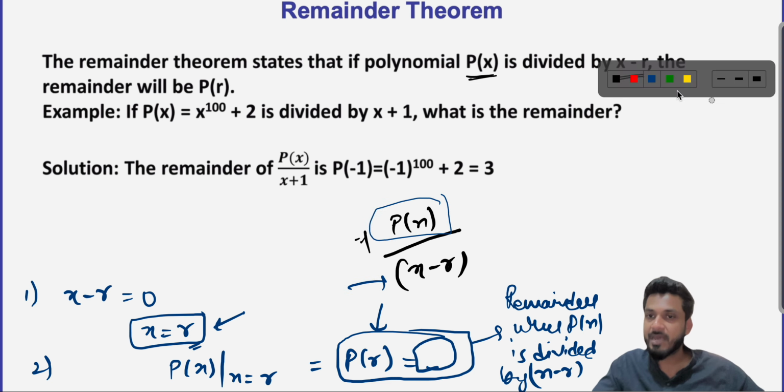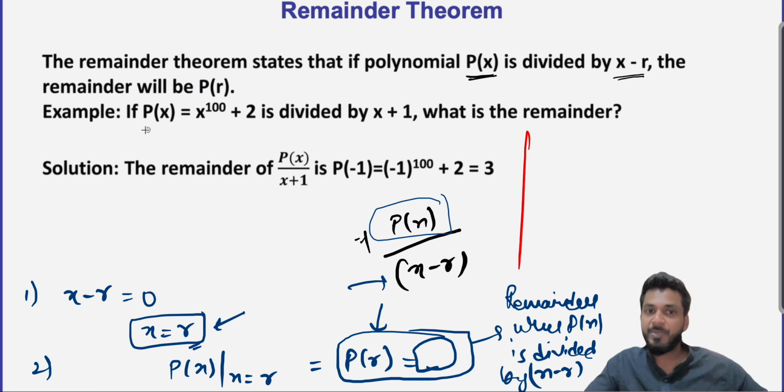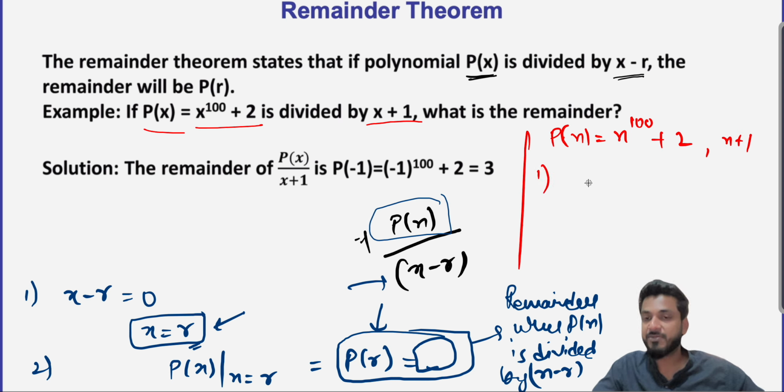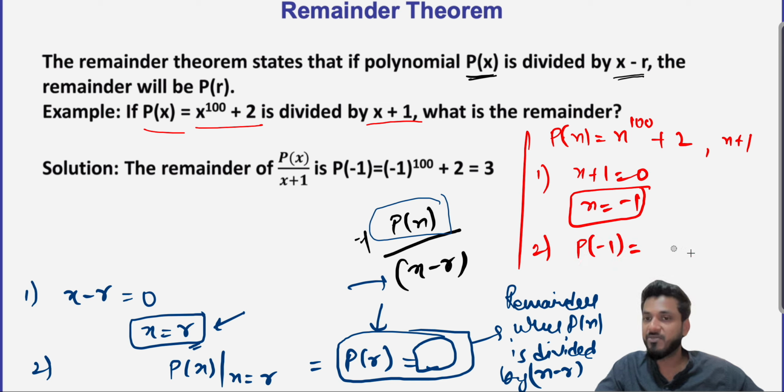Now let's consider the example. If p of x is x to the exponent 100 plus 2, when it is divided by x plus 1. As per the first step, take the divisor, equate it to 0, and find the value of x, that is minus 1. Now substitute the value of x in the polynomial, or find out the value of p of minus 1.